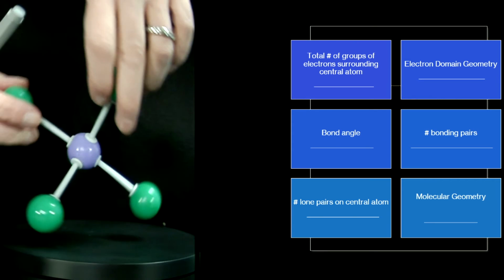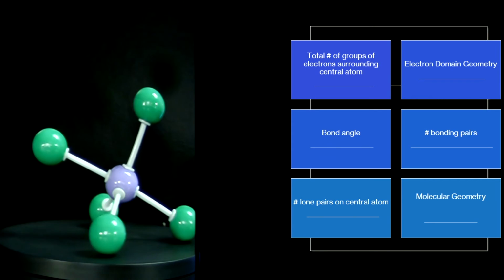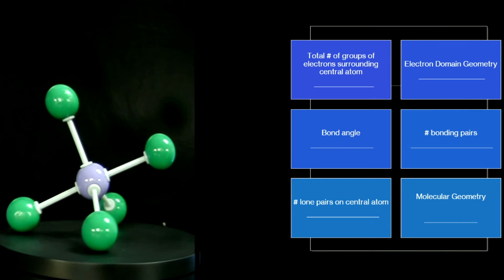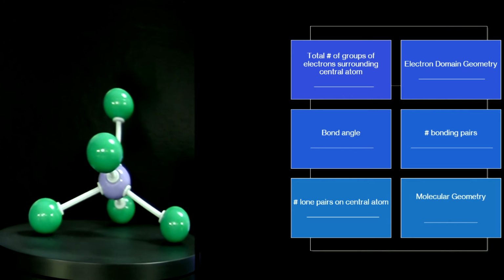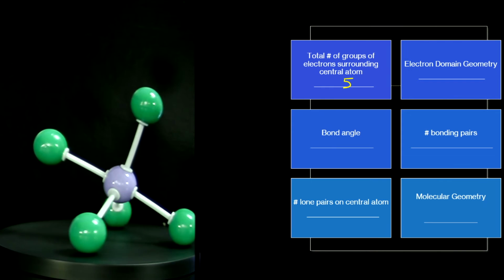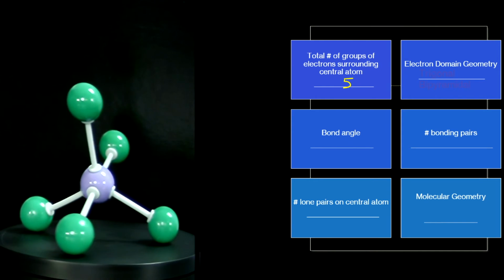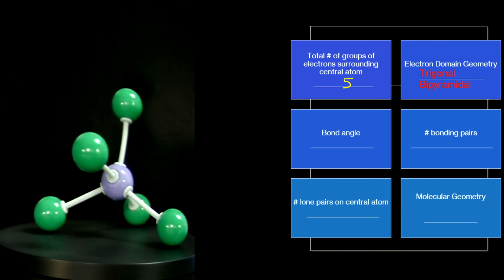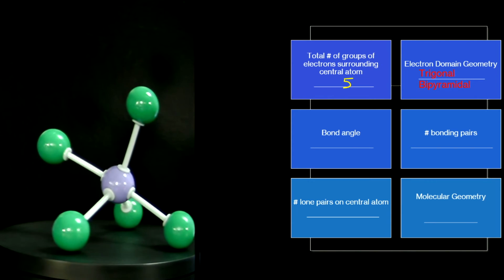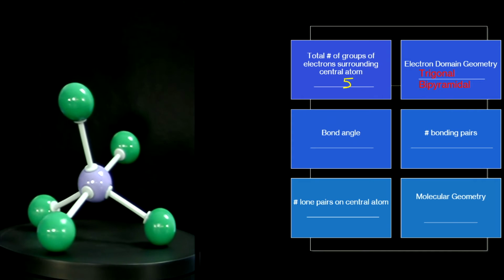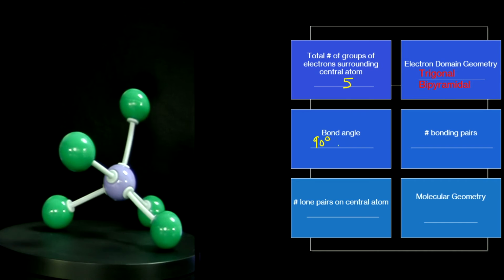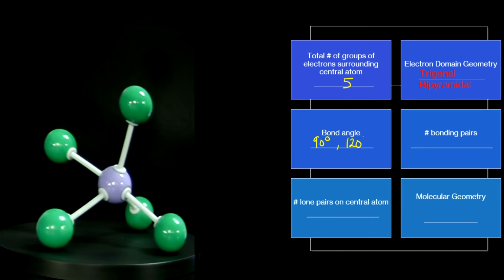So we can see that we're going to have different angles in this molecule. So our phosphorus is in the center, and we have 5 groups that surround the central atom. Our electron domain geometry, when we have 5 that surround the central atom, is trigonal bipyramidal. Our bond angle, we have actually 2 bond angles here. We have 90 degrees and we have 120 degrees.